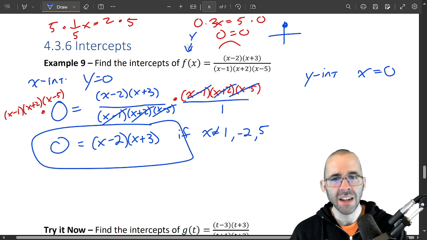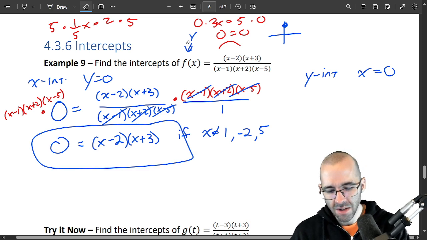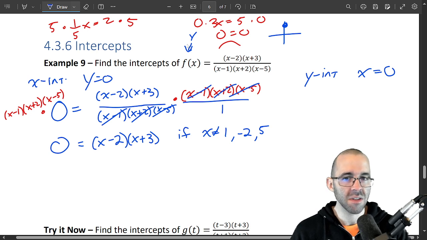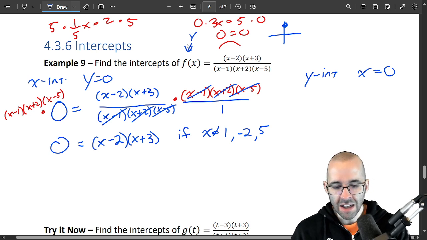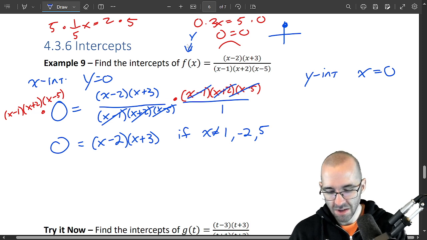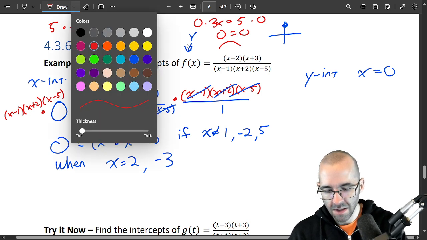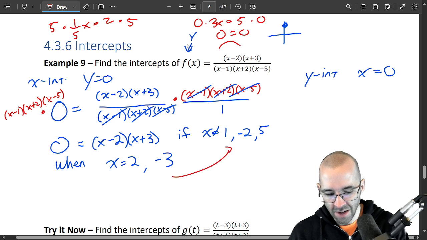But now we're almost done. When is this true? A factored polynomial is equal to 0 if any individual piece is equal to 0. This is true when x is equal to 2 and when x is equal to -3. Great. So let's make sure that none of these match.